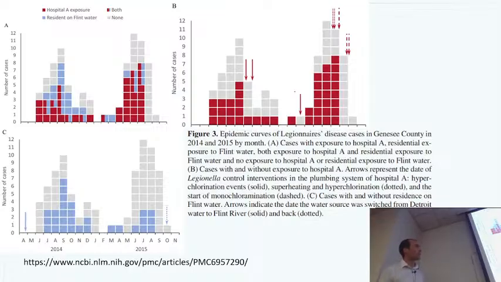2014 and 2015. And what they've done here is they have different boxes. So the color, the red, is exposure to hospital A. Now, there was some controversy with hospital A because it turns out that the high-ups at hospital A, which I'll name in a moment because it's funny, were buddy-buddy with high-ups at the Michigan Department of Health and told them, do not tell anybody.